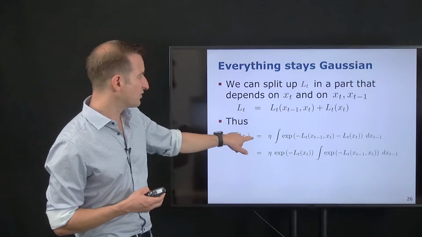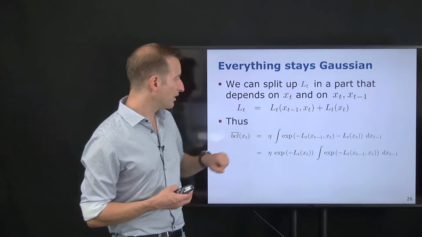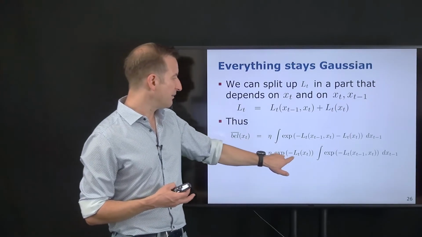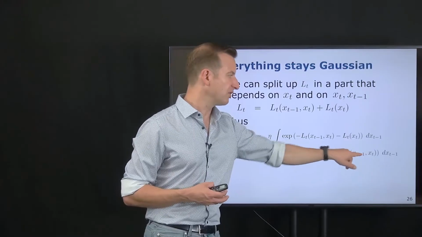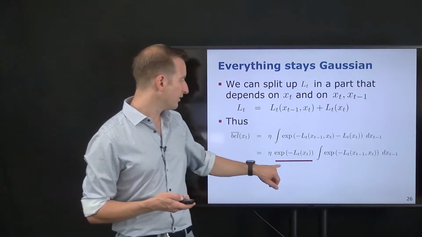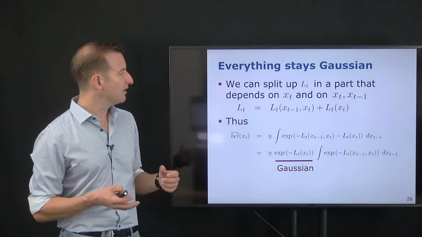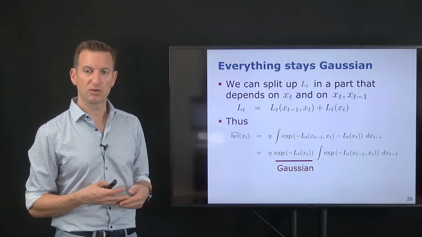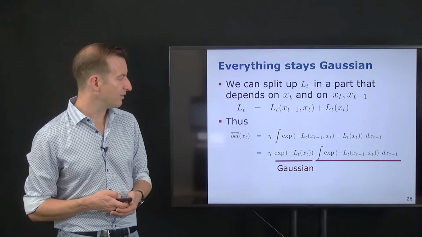And then I can rewrite this integral into two parts, or I can move one part of the expression out of it, namely the part that only depends on xt. And then I have the integral over xt minus 1 sitting over here. So this is a Gaussian distribution. It can be expressed again as a Gaussian distribution. It's just those terms of the exponent which only depend on the variable xt and don't take into account the variable xt minus 1.